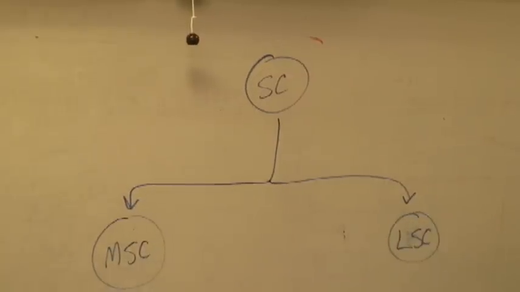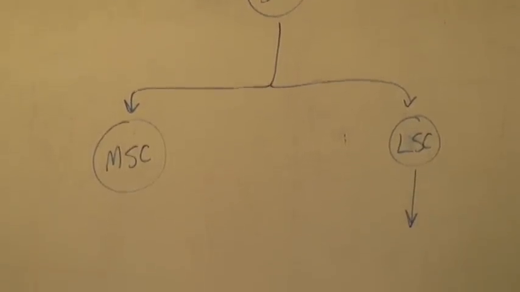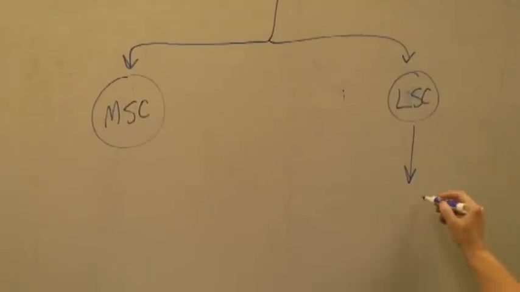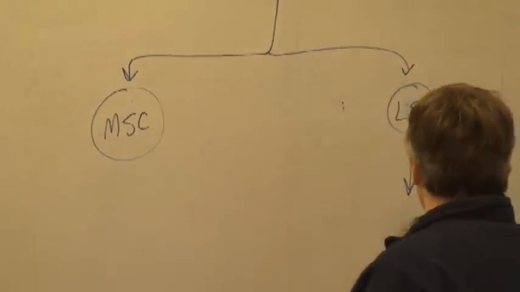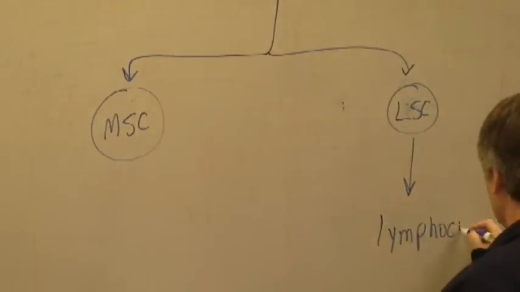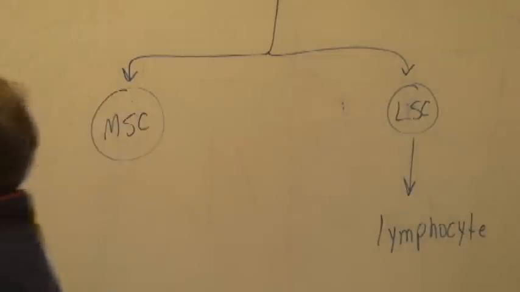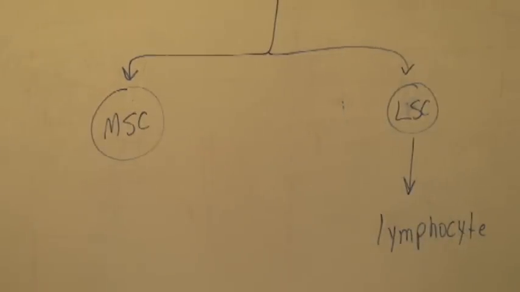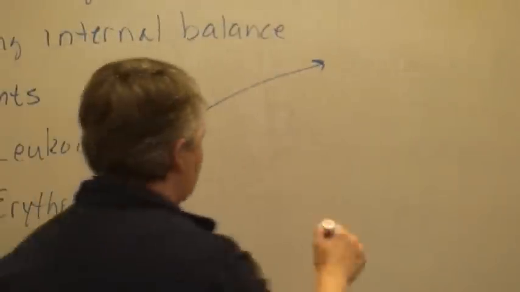Okay. Now, if it becomes a lymphoid stem cell, the only type of cell that can come from this is a lymphocyte. Now, you probably learned in lab that there are 5 different types of leukocytes, right? Leukocyte is the big term. One of those is a lymphocyte.